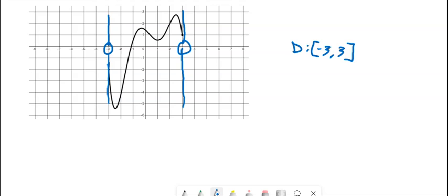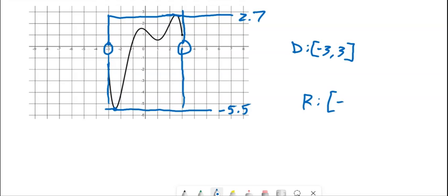For the range, go to the lowest point of the graph. Here's the lowest point, and we'll draw a horizontal line there. It's about -5.5, let's say. The highest point of the graph is right here, and we'll say that's about 2.7. And so the range of the function is -5.5 up to 2.7.